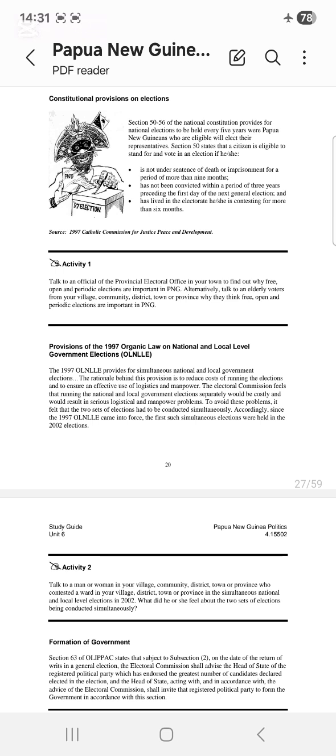But probably the logistics and the cost in delivering 2 elections at the same time is overwhelming. That is why there is allowance or room for national and local government elections to run at a separate time.